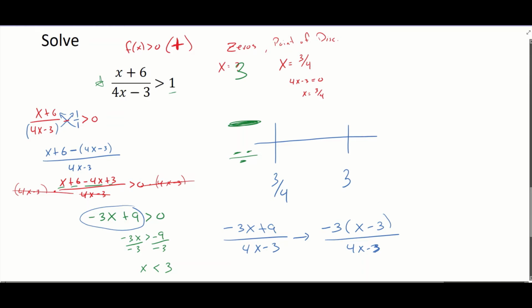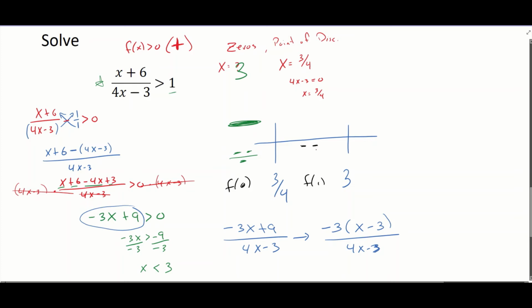A number between 3/4 and 3, yeah, we can choose 1, we can choose 2. It doesn't really matter as long as it's between 3/4 and 3. So I'm going to go with 1, just because I know 1 is somewhere in between. If I plug in 1, that's 1 minus 3, which is negative 2.